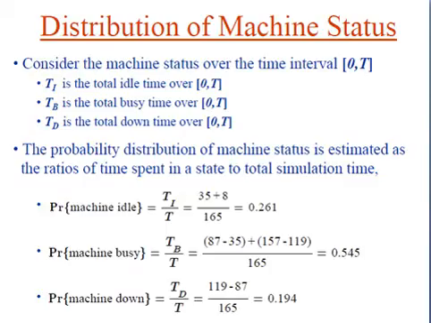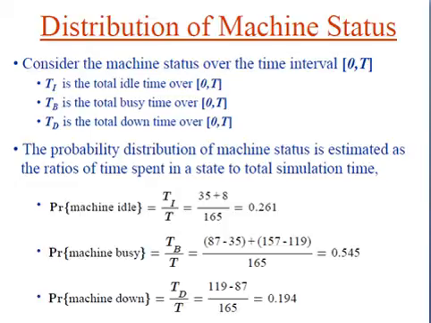And when you add all those probabilities, the sum should be unity. So if you add 0.261 plus 0.545 plus 0.194, it should be 1.